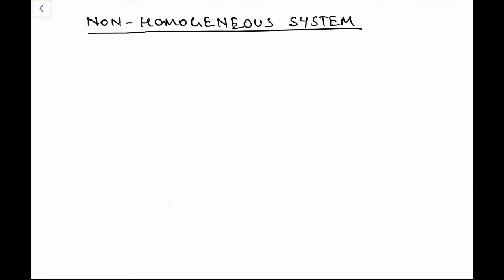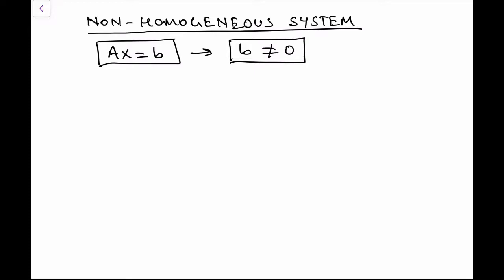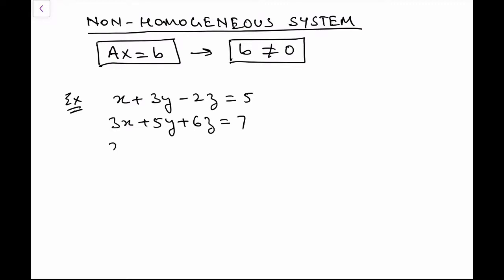Now the non-homogeneous system where Ax is equal to b and b is not equal to 0. For example, x plus 3y minus 2z is equal to 5, 3x plus 5y plus 6z is equal to 7, 2x plus 4y plus 3z is equal to 8, and here b's constant terms are not 0.